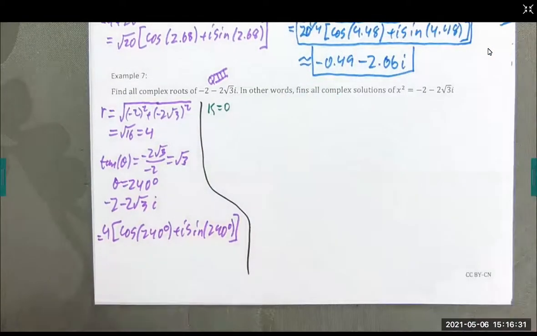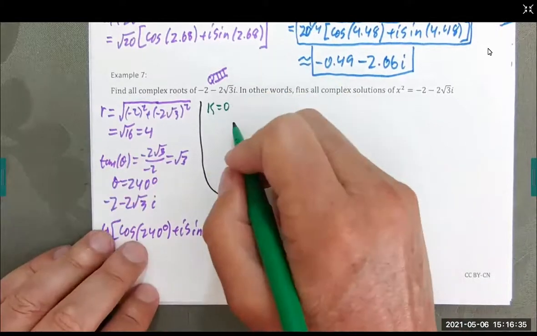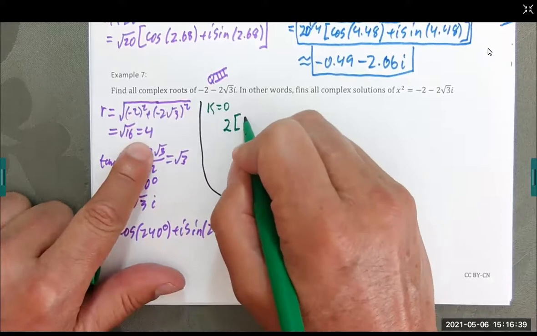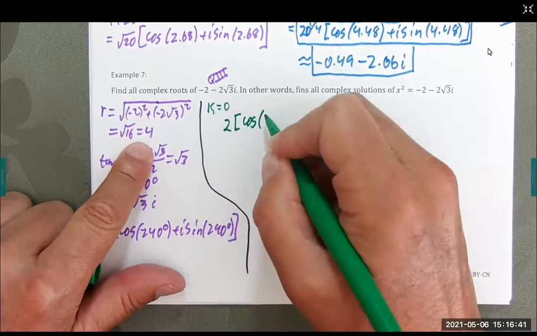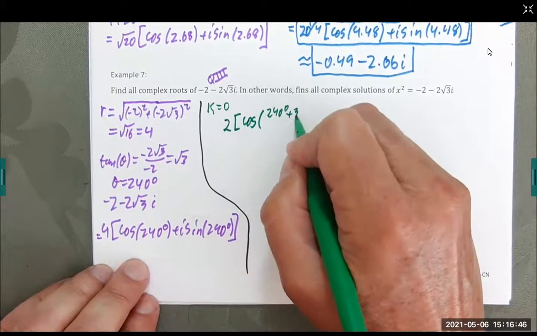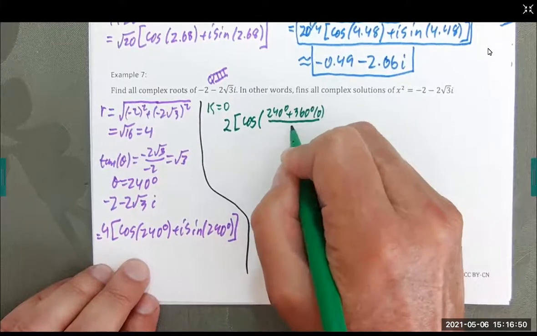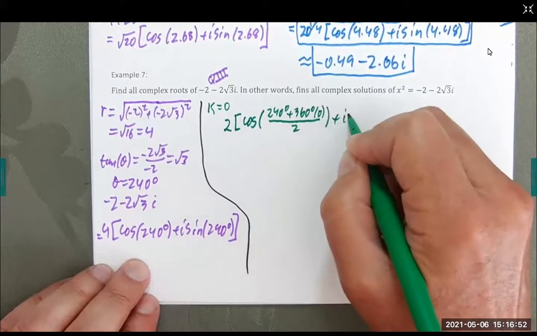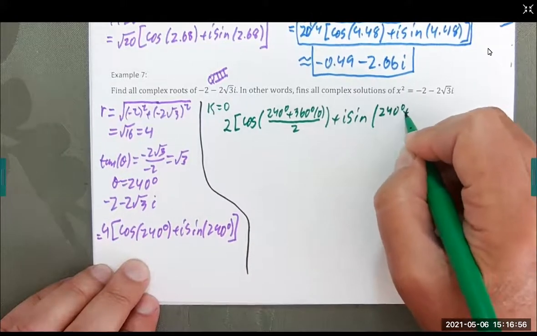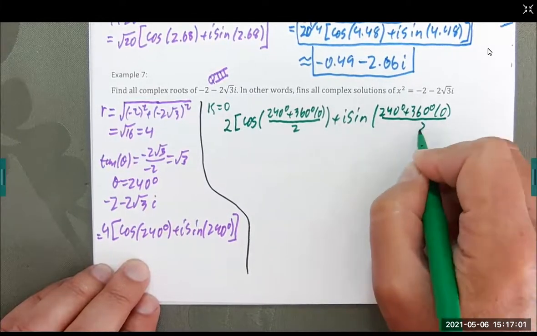And I'm now going to do the square root of R. So this becomes 2, square root of 4 is 2, cosine of 240 degrees plus 360 degrees times 0 over 2 plus I sine 240 degrees plus 360 degrees times 0 over 2.